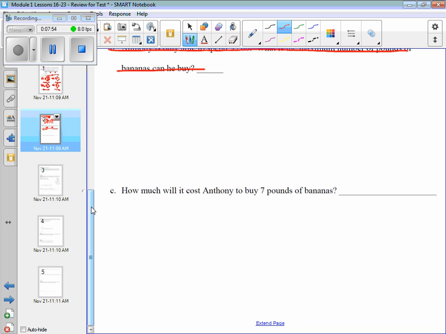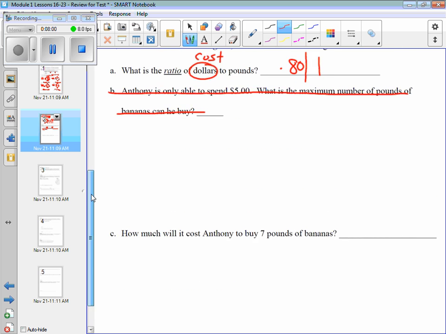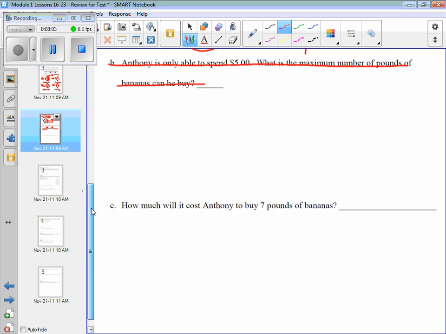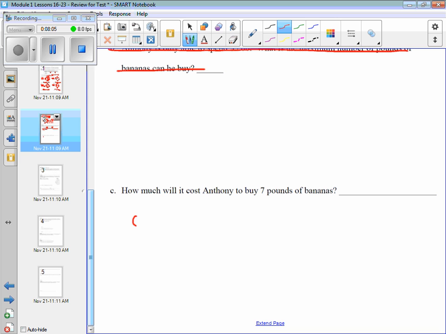We got to the bottom, which we can do, and it's the same thing. We're going to set up a TRF, and in our TRF, we'll do it the way it reads: dollars to pounds or cost to pounds.